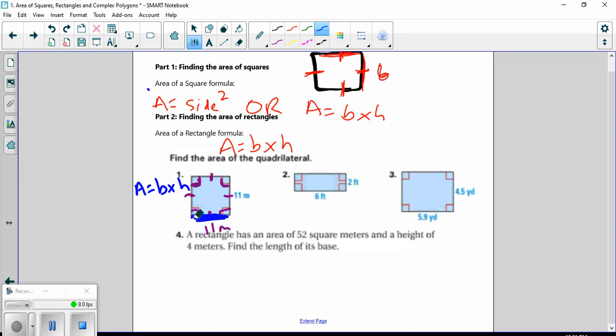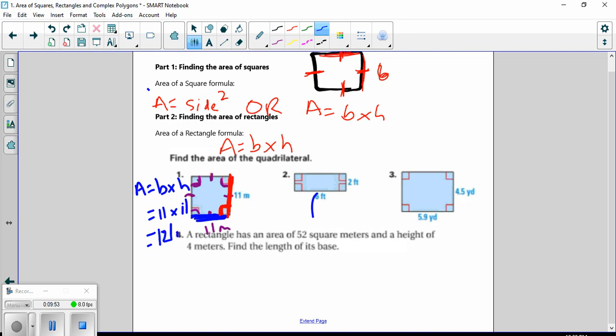And the height is always perpendicular to the base, so it always forms a right angle with the base. So here's my right angle right here. So this is my height. So my base is 11 and the height is 11. So this is 11 times 11, which is 121. And then don't forget we need units squared.